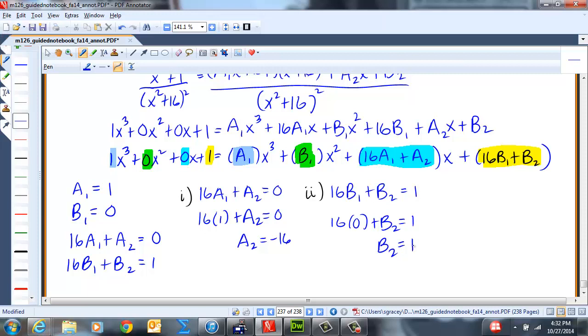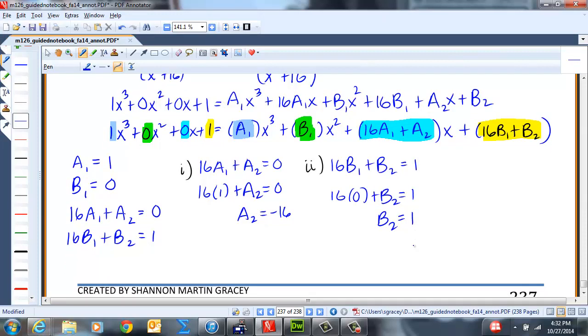So here we go. It turns out that x cubed plus 1 over x squared plus 16, the quantity squared, is equal to, so a1, that'll give us 1x plus 0.